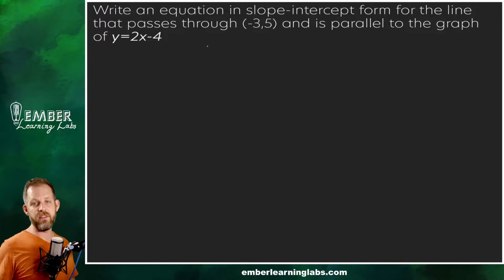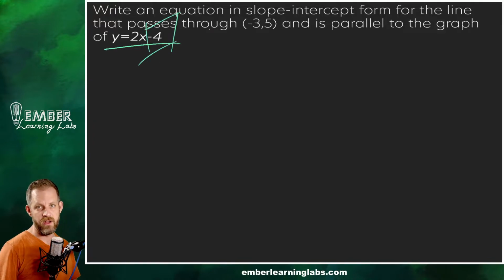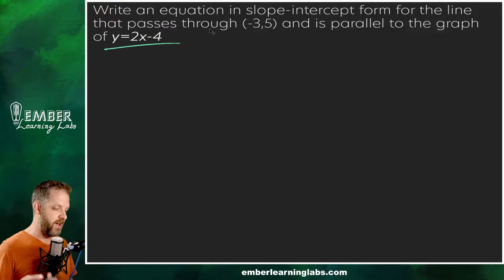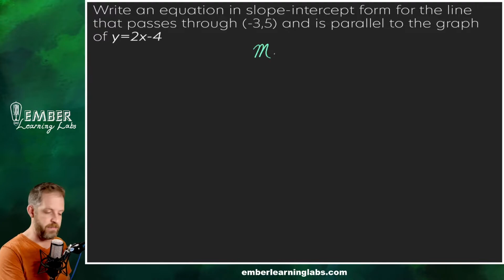There's the line that we are looking for, and then there's the other line that is parallel to it. So this is not the b that we're looking for. Since they're parallel, this is the m we are looking for. So we know that our m, since parallel lines have equal slopes, is 2.